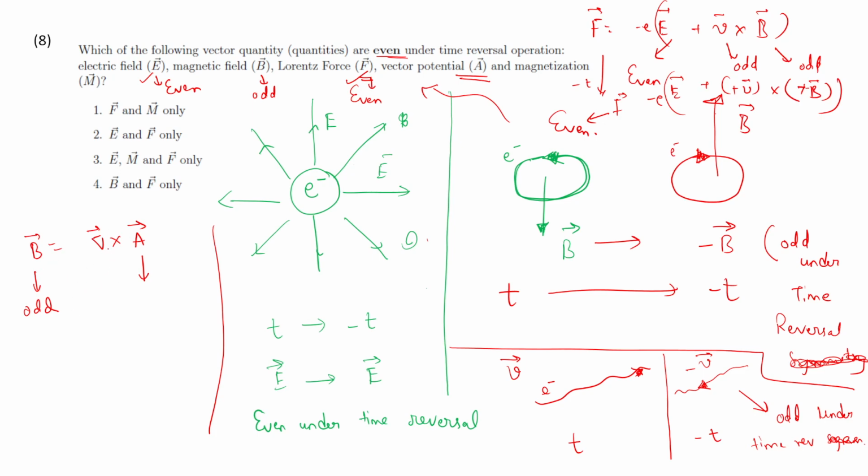The derivative involves the coordinates x, y or z, and any coordinate will not change under time reversal symmetry. So the only way we get B to be odd is if A is odd. Or you can imagine that if A goes to minus A, the curl of minus A will be minus B. So that is why A has to be odd.